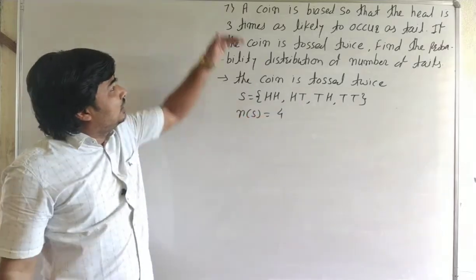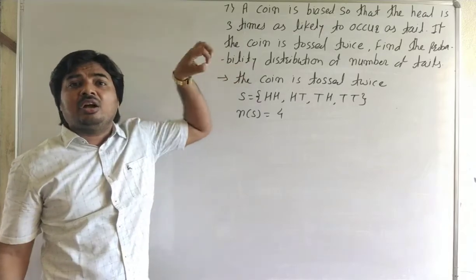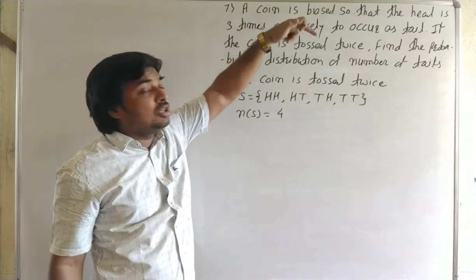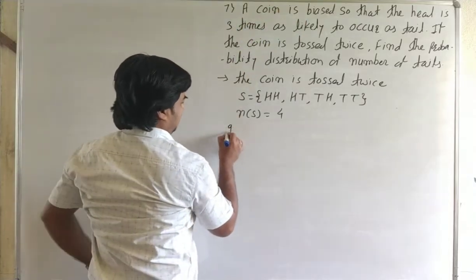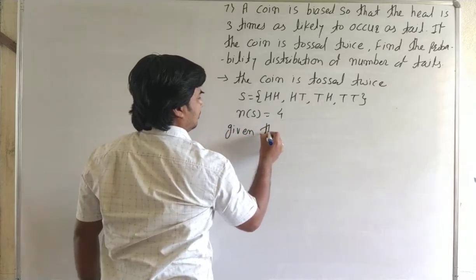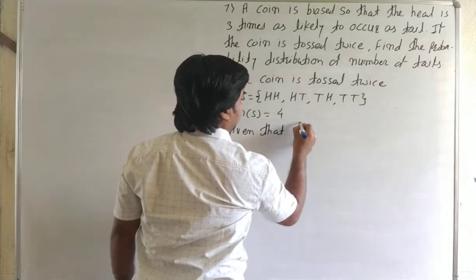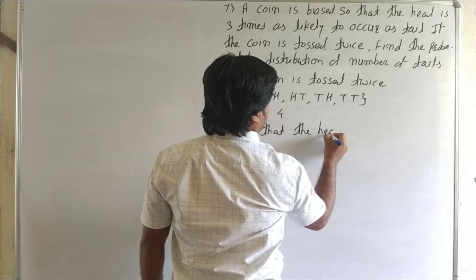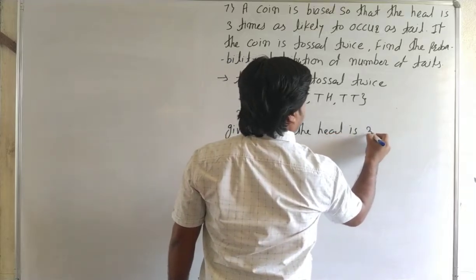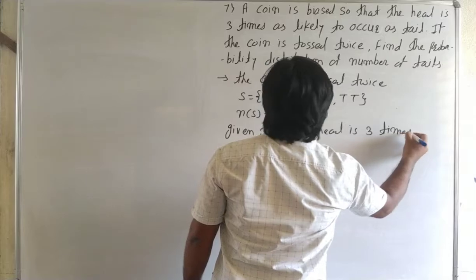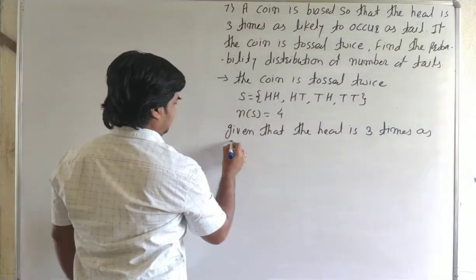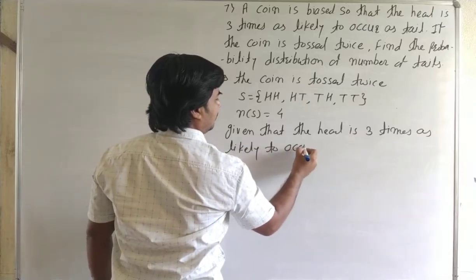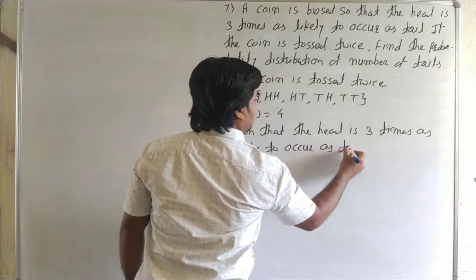Now, here it is given that the head is 3 times as likely to occur as a tail.